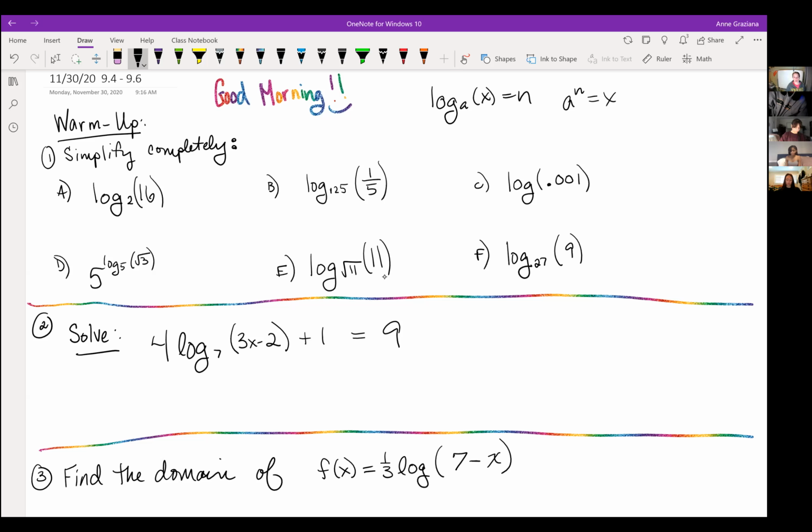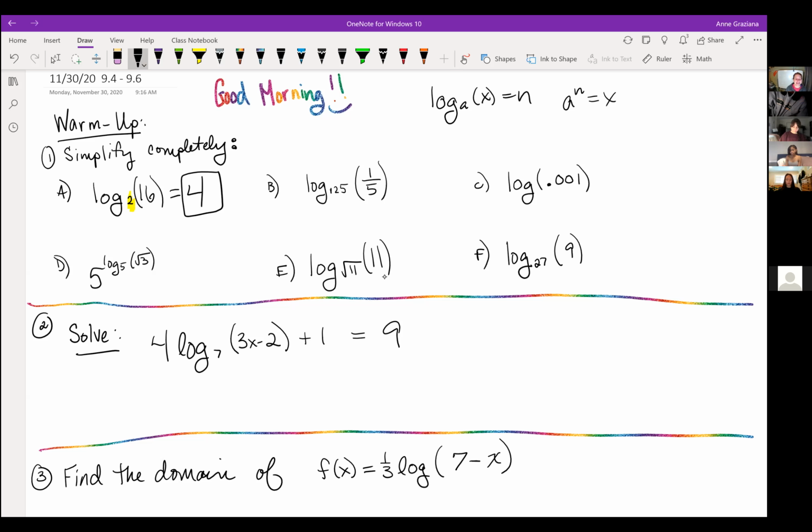So this is what you should be thinking. What's the exponent we put on 2 that's going to give me 16? 4. Okay, good. That was meant to be a very comfortable start.